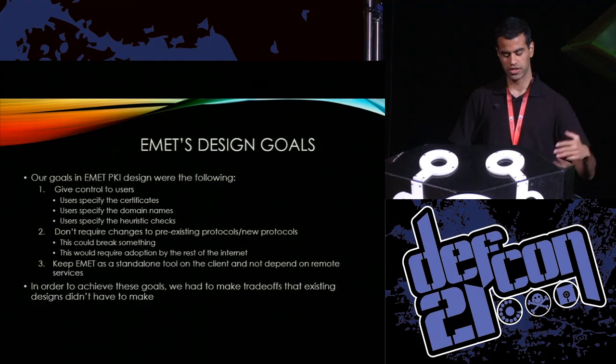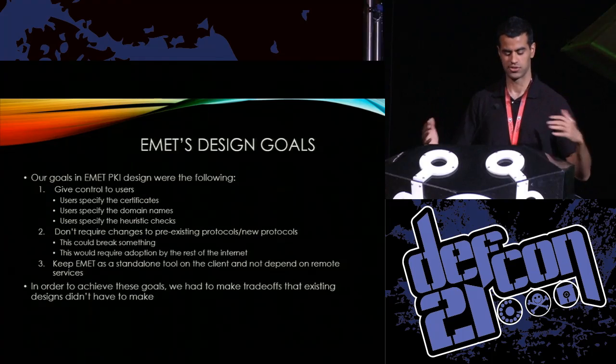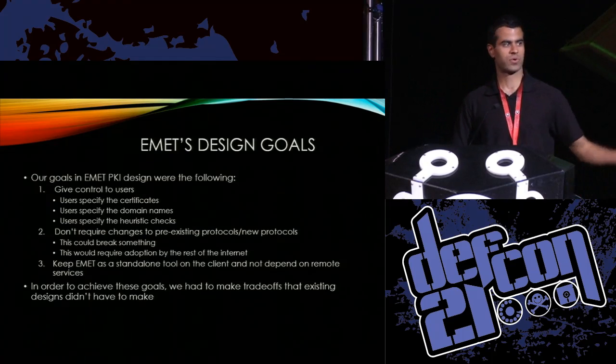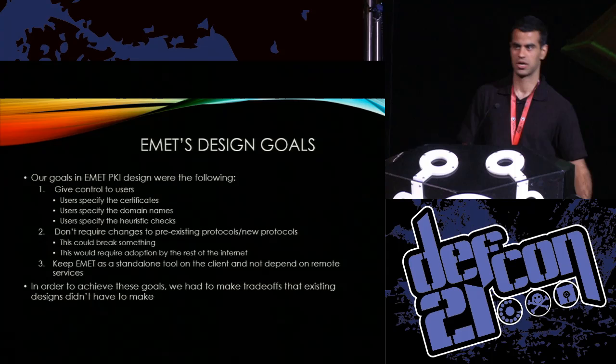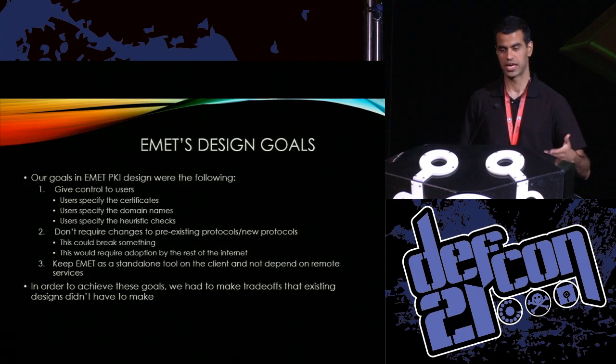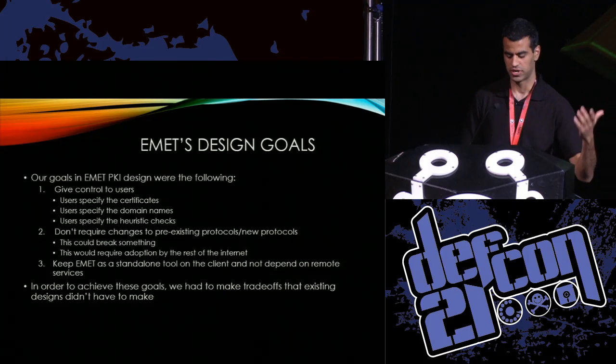And finally, we wanted to keep EMET as a standalone tool and not depend on any other services out on the internet. It's its own self-contained tool. This required us to make design decisions and trade-offs that a lot of other pinning implementations couldn't make, because we had to conform with what was already out there and still try to protect stuff.